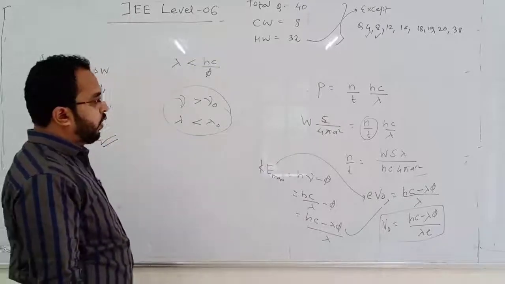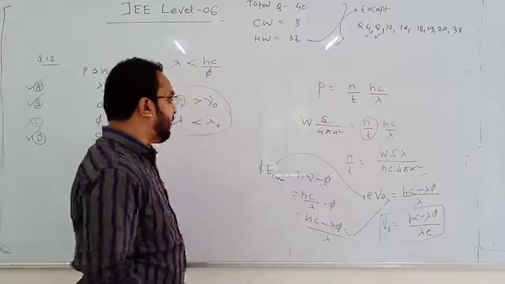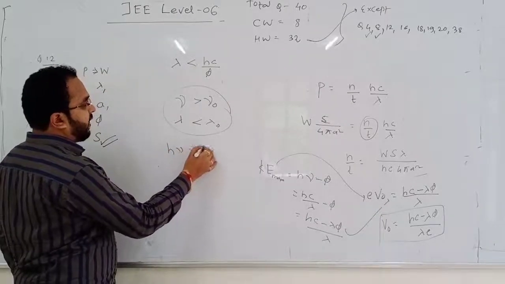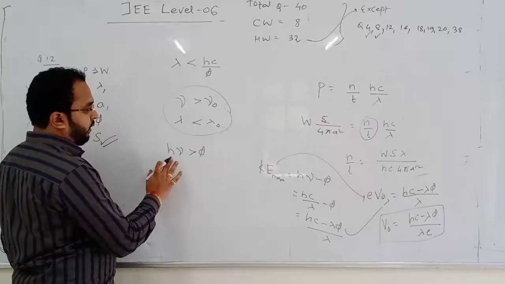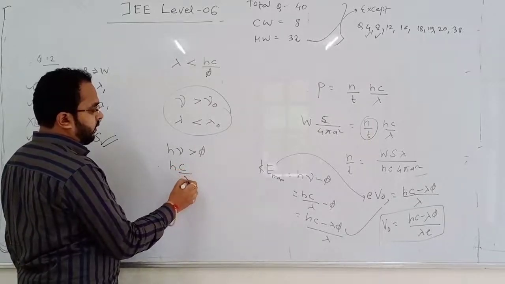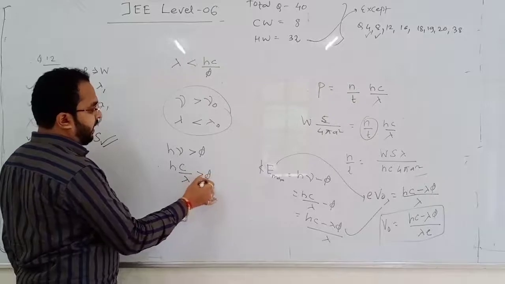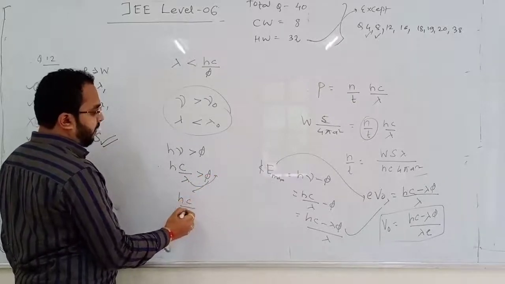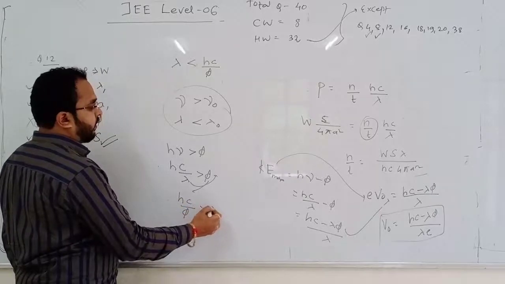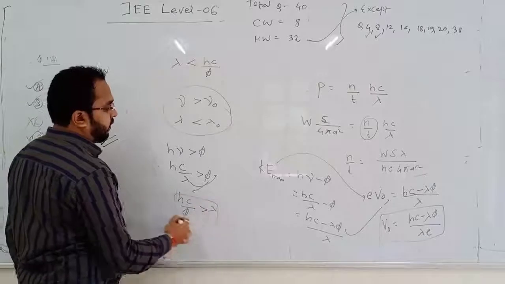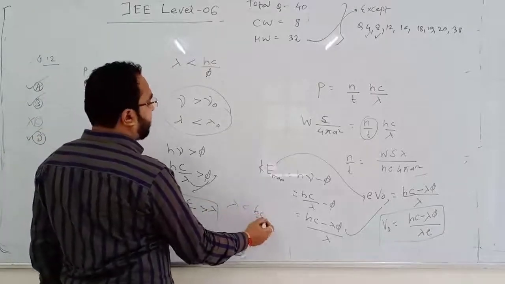You should know h nu should be greater than phi. So hc upon lambda should be greater than phi. Lambda goes up, phi goes down, so hc upon phi. So lambda should be less than hc by phi.